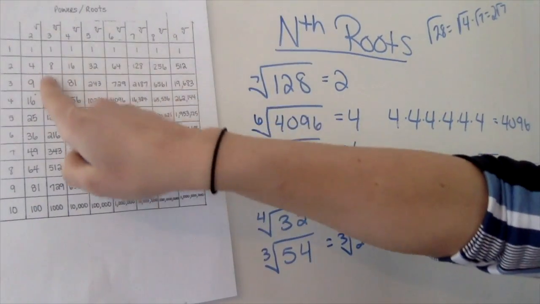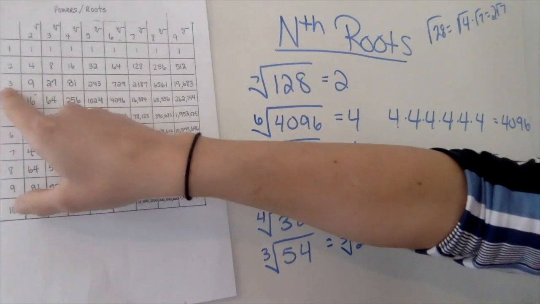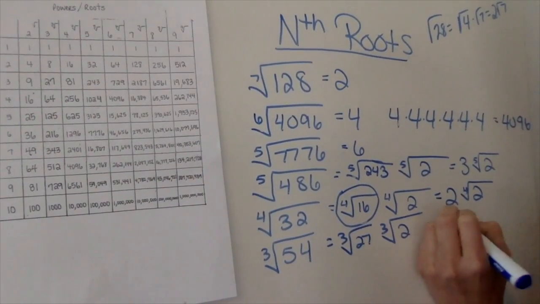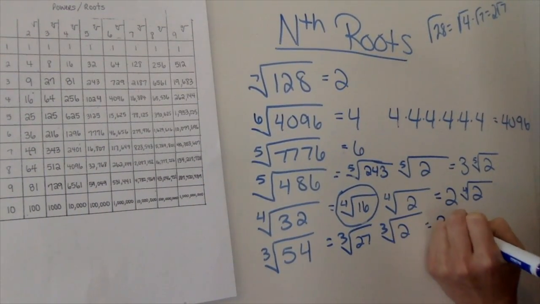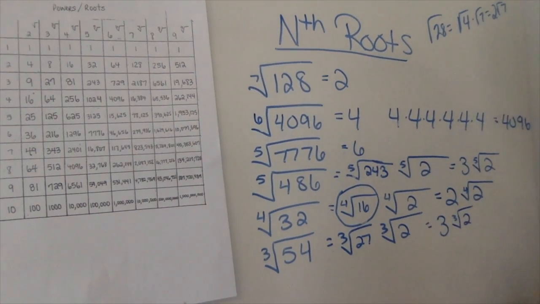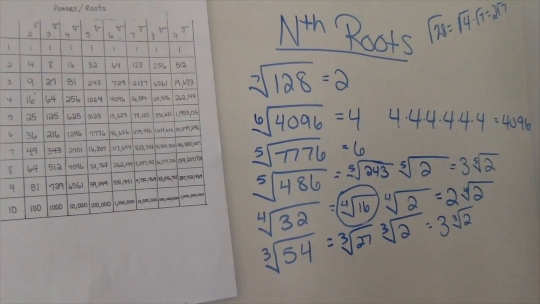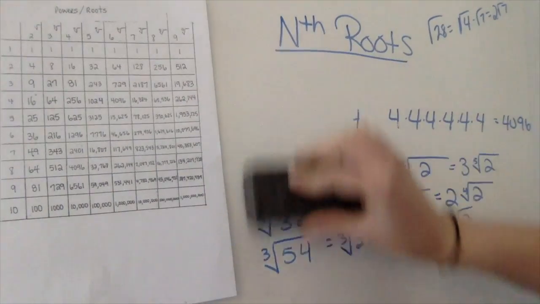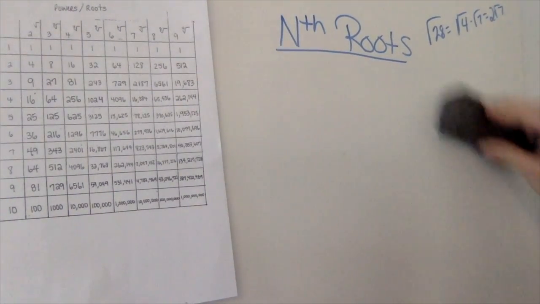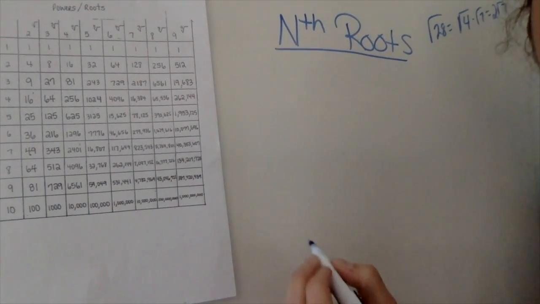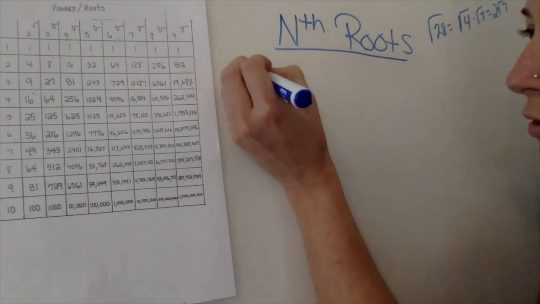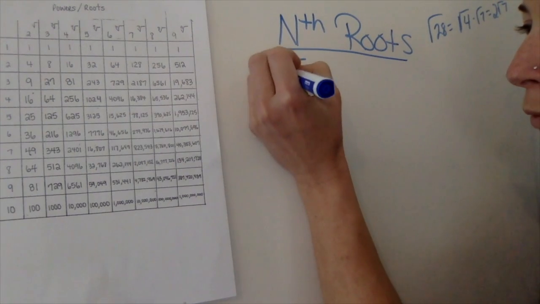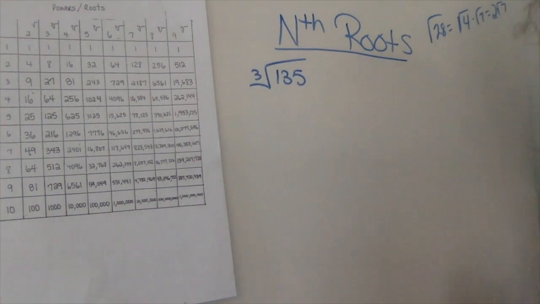The cube root of 27 is 3. So 3 cube root of 2. Let's try the cube root of 135.